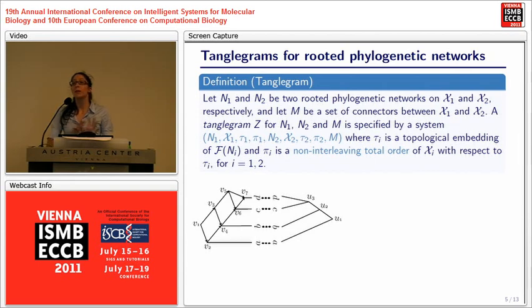So this is just the formal definition. You don't have to be afraid. The only thing I'm telling you is that I have two networks. They can have different taxon sets; they don't have to be the same taxon set.